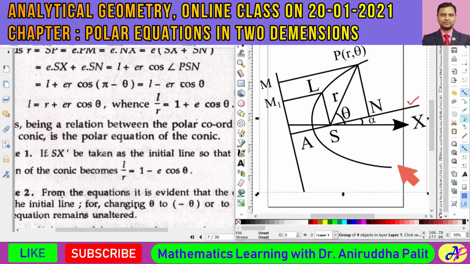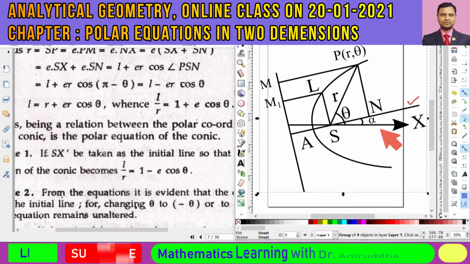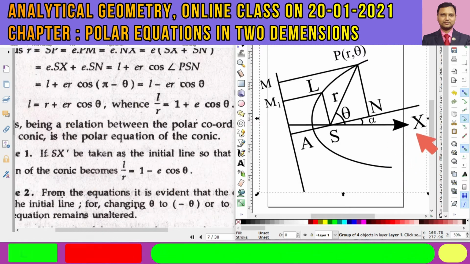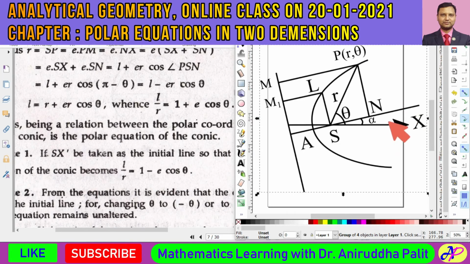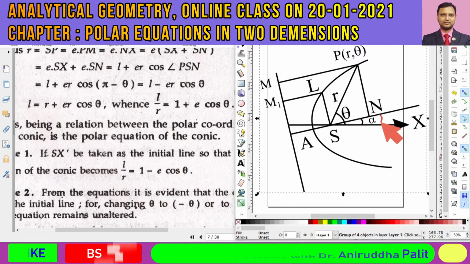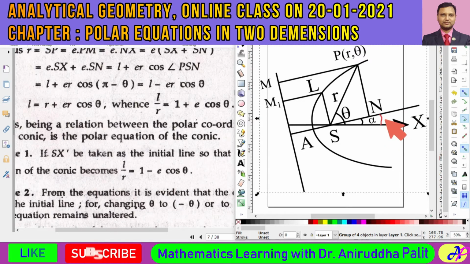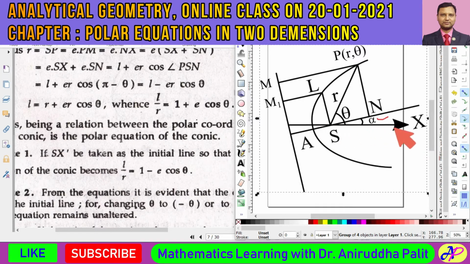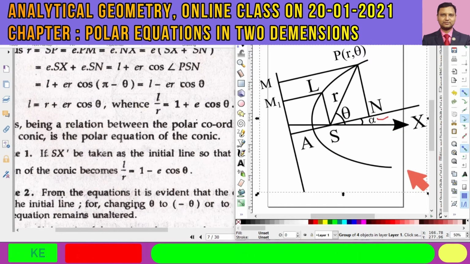Initially the axis of the parabola and the initial axis were the same. But now we suppose that the axis is inclined at an angle alpha with the initial axis of the polar coordinates. Got it?